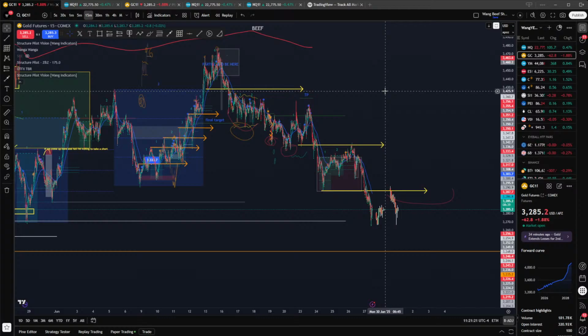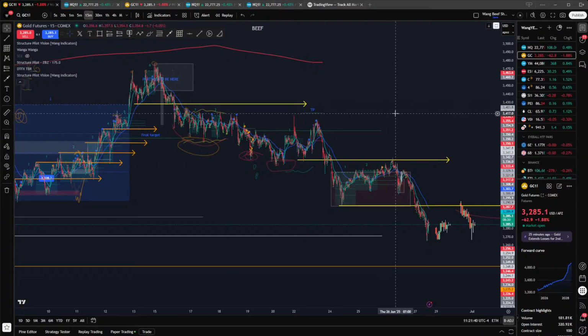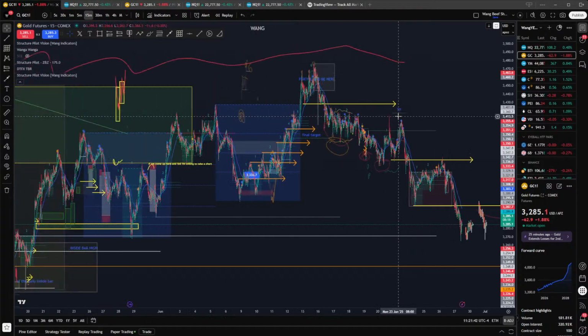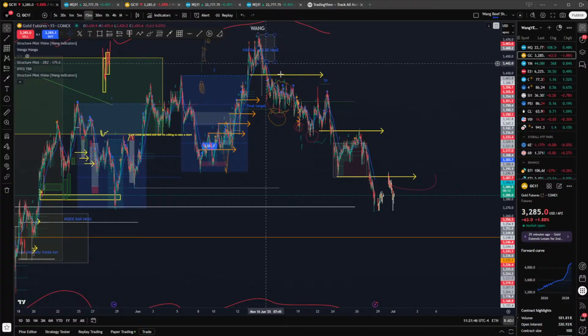Just focus on learning the methodology on one asset first. Okay, ES has better market structure, I believe. I don't know, I never traded ES, but I guess I believe you. I trade NQ and gold most of the time.